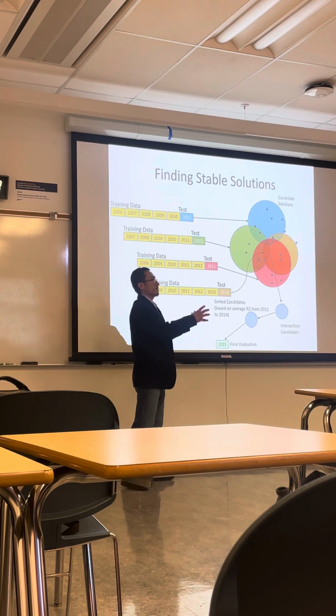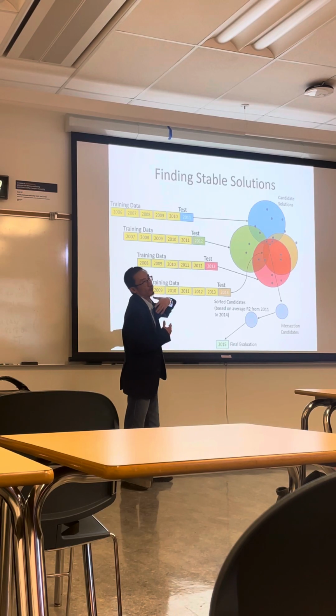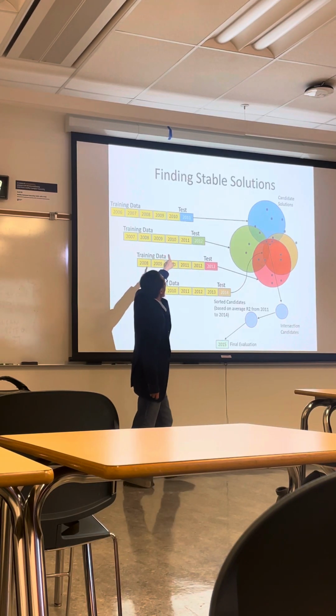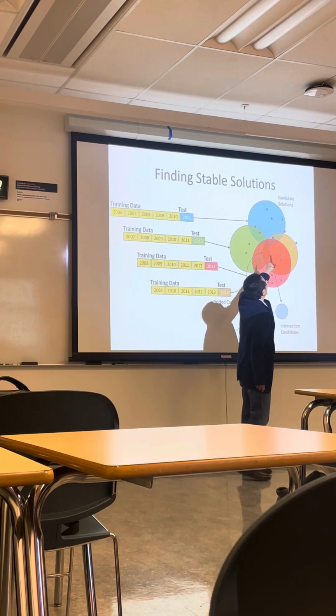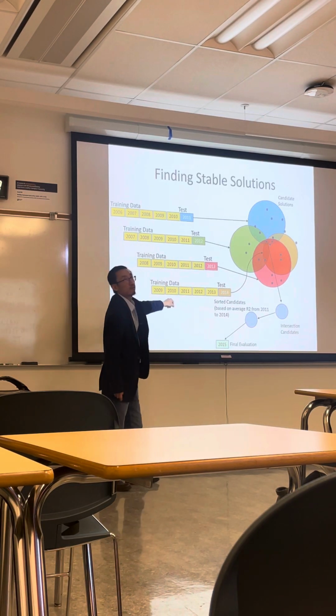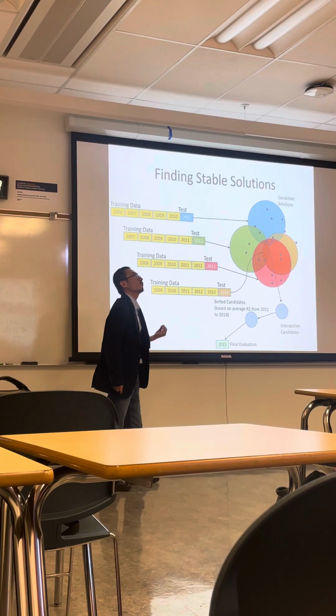By test, I mean that's new data. Although for us right now it's not new, but for 2010, it's new data, right? And I generate some candidates, and I do the same thing for different slots. And I want to find which one is most reliable.